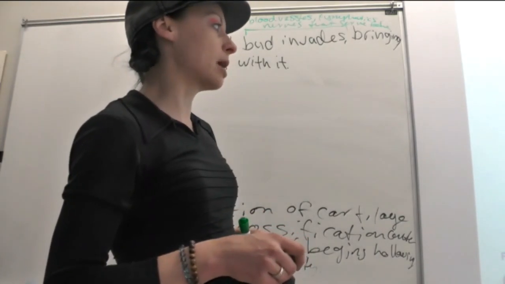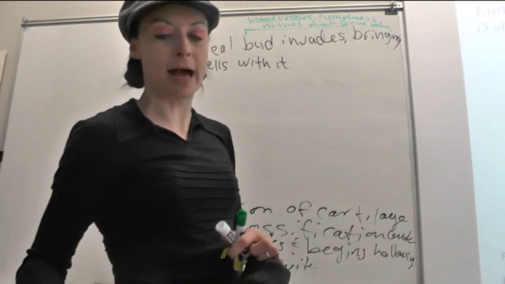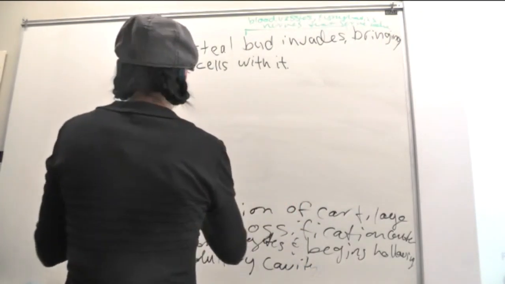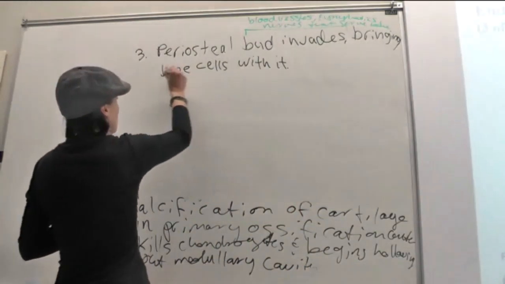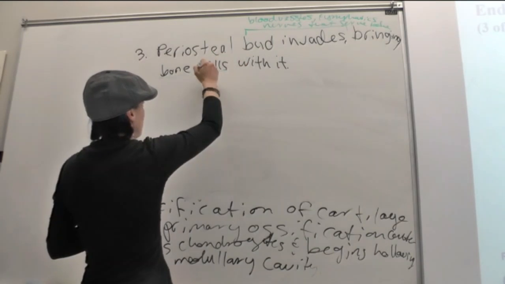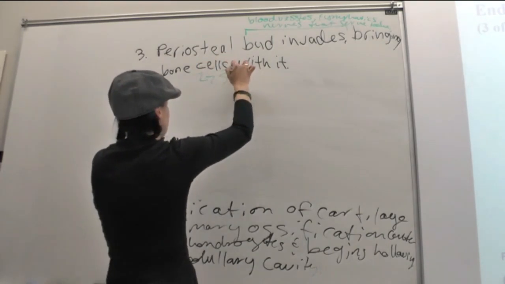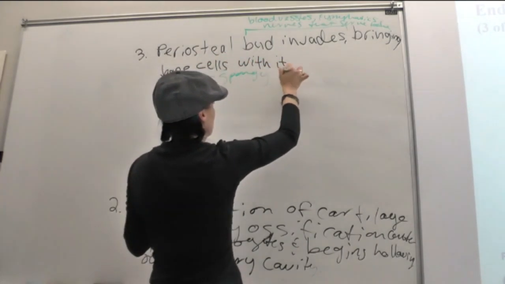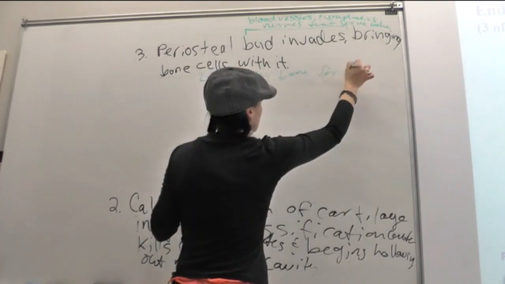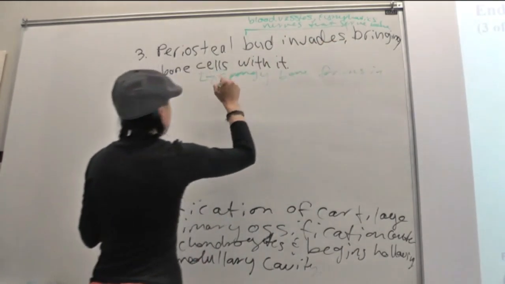tissue. So we would start to see spongy bone forming in that primary ossification center. So when we bring with it our bone cells, what we can say is that spongy bone forms in the diaphysis.